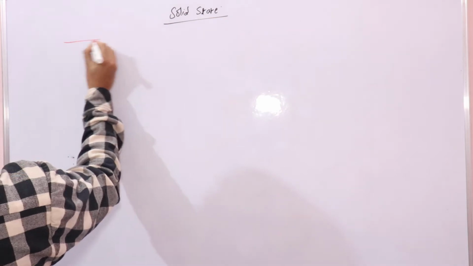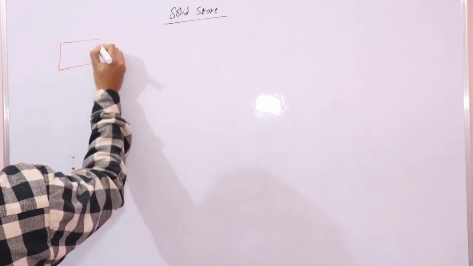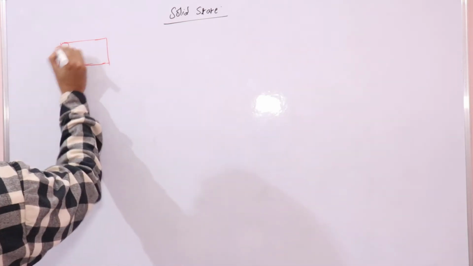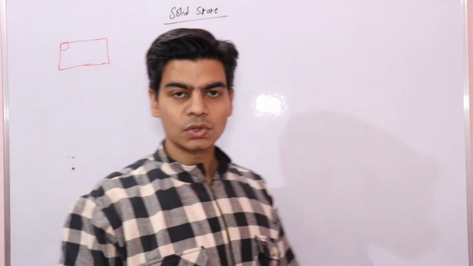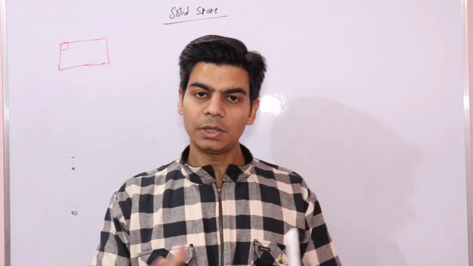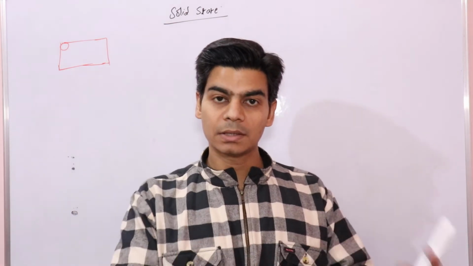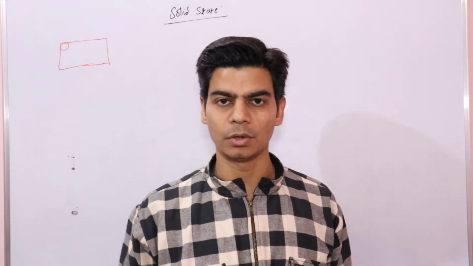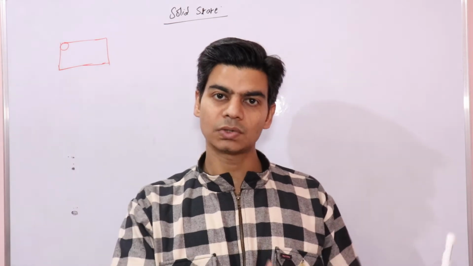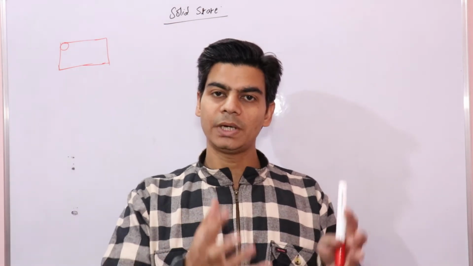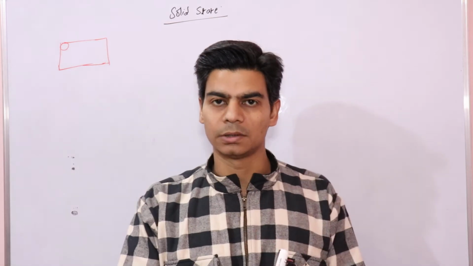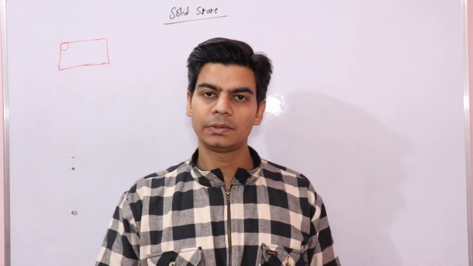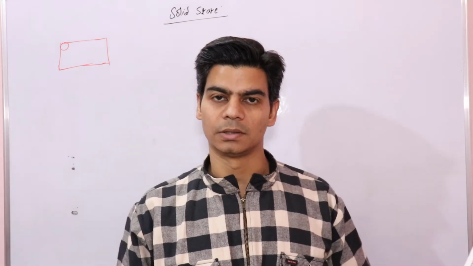We have, say, this is a solid. In solids, the constituent particles that make the solid may be atoms, ions, or molecules. In the solid state, these constituent particles are close to one another. In the gaseous state, these constituent particles are far away from one another.